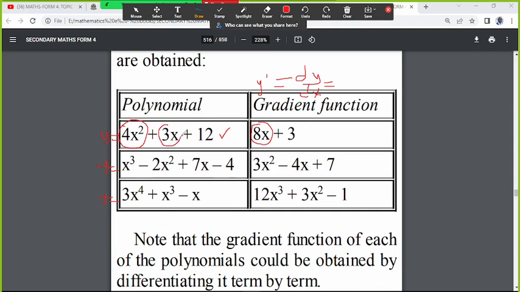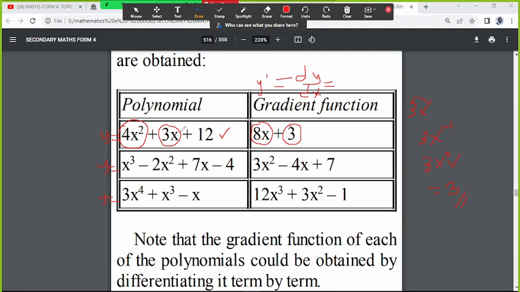3x: its derivative is 3. That is, if we have 3x to the power of 1, then when we differentiate, we multiply by 1 and get 3. Then we reduce the power by 1, so this gives us 3 times x to the power of 0, and x to the power of 0 is always 1.